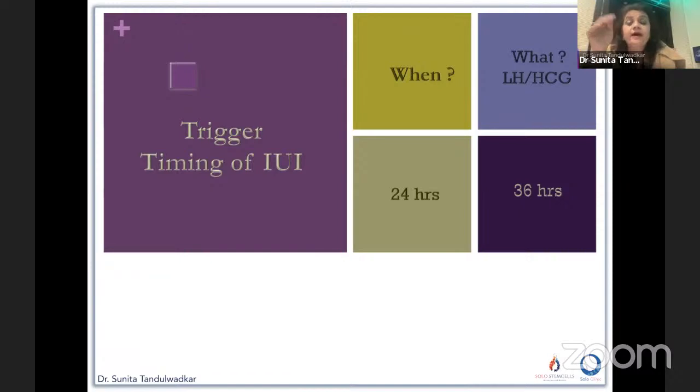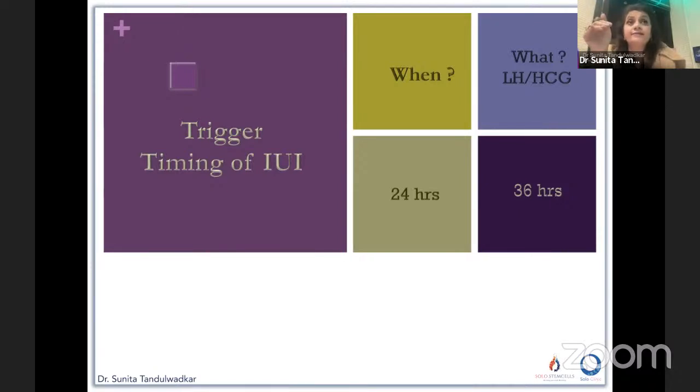But her endogenous LH surge has happened and she ovulated on Tuesday morning, 10 a.m. The life of the oocyte is just 12 hours. Maximum, you can say 24 hours. So I have done the IUI at 10 a.m. The follicle has ruptured on Tuesday and I am doing it on Wednesday.